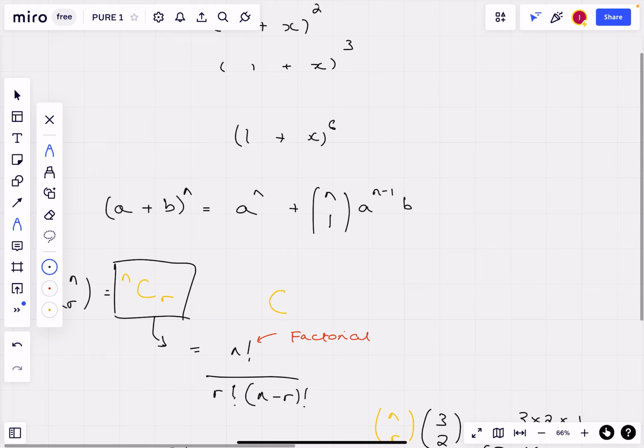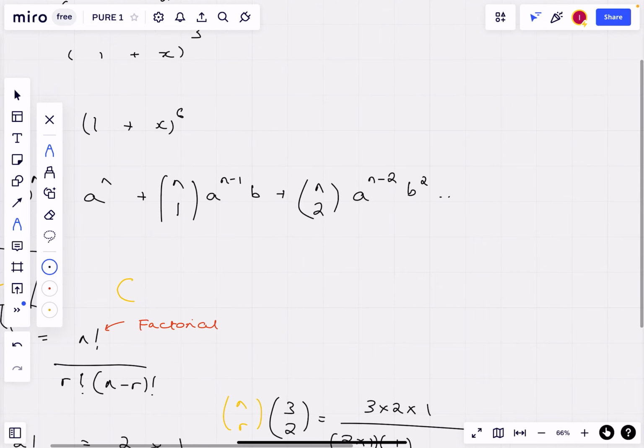Okay, going back to the binomial expansion, now that you understand what the nr notation is, your first term is a to the power of n, then nC1, a to the power of n minus 1, multiplied by b. And then nC2, a to the power of n minus 2, b squared.